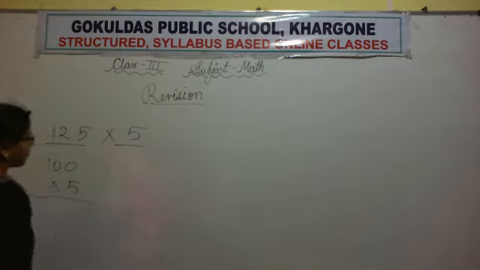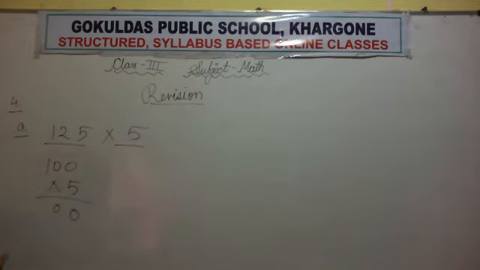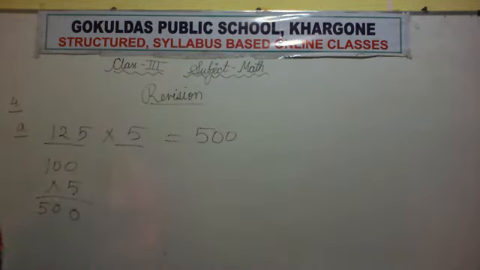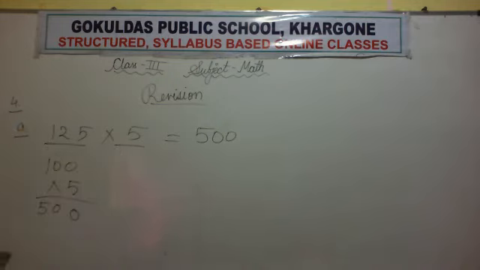So we will multiply it by 5. So 5 into 0 equals 0. 5 into this 0 is again 0, and 5 ones are 5. So the answer is 500. We rounded off the multiplicand to the nearest hundreds, then we multiplied.